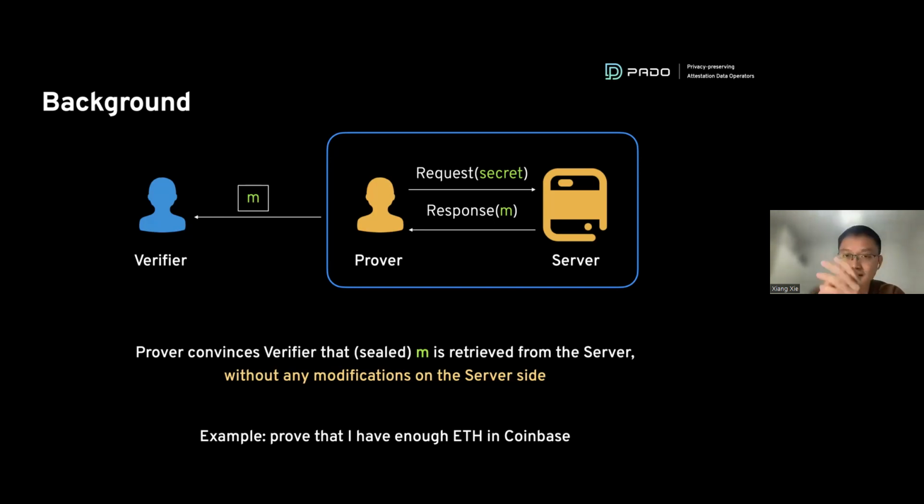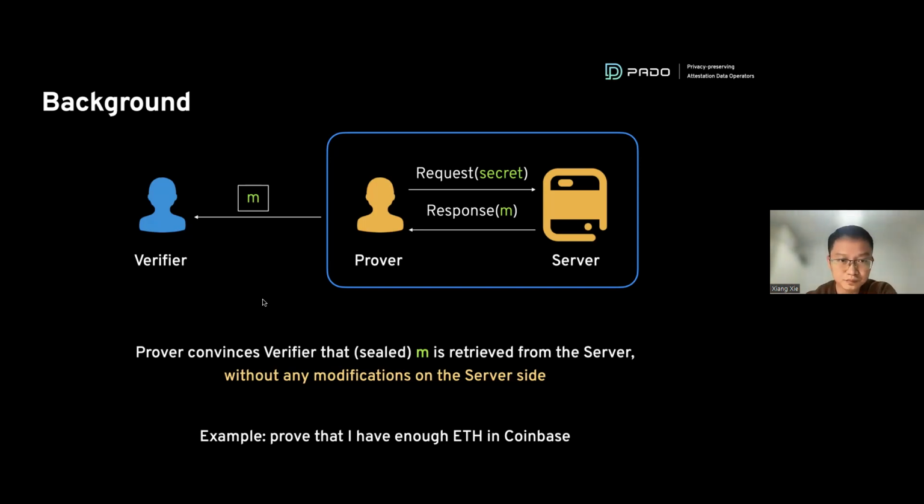So it's impossible for anyone to change the server side, and this is also the most difficult part in the product design. A very concrete example is that I want to prove to a third party that I have enough ETH in Coinbase. How can I do that without any changes to the Coinbase server? So that's the problem here.